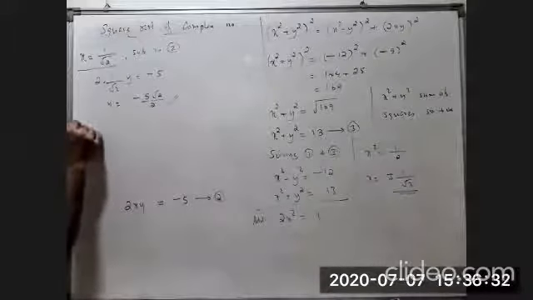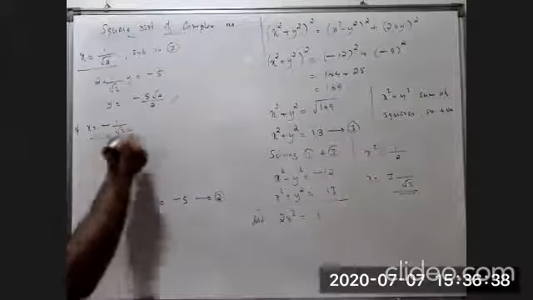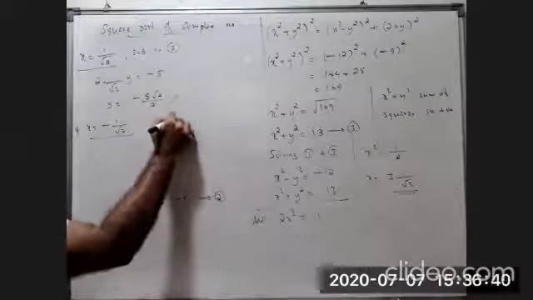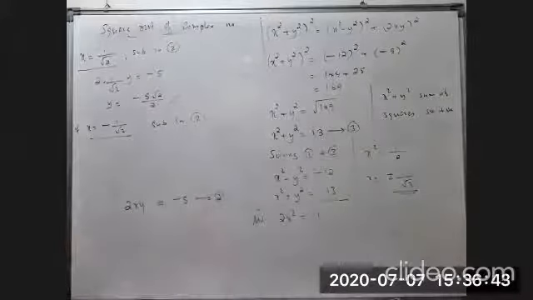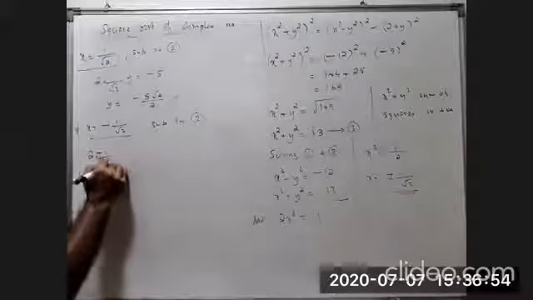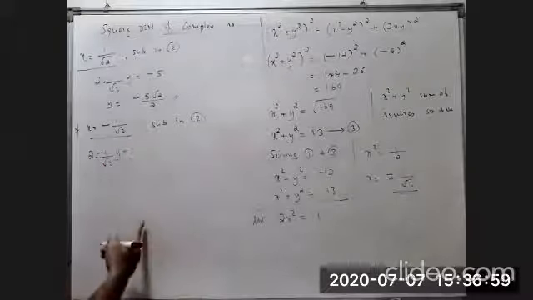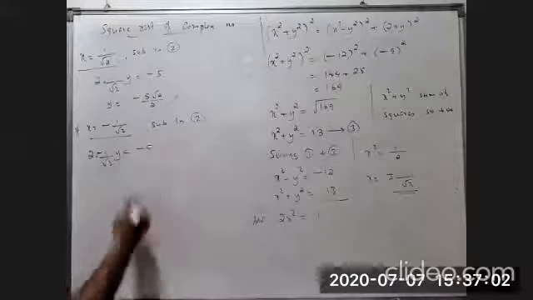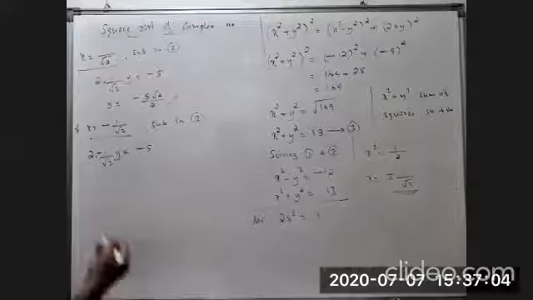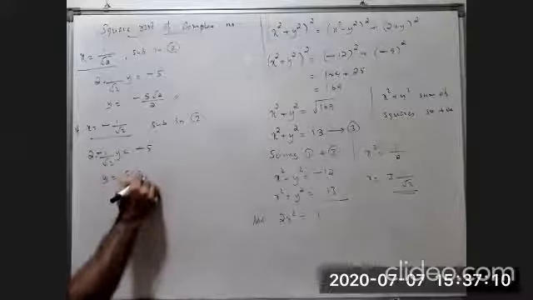Now if x is minus 1 by root 2, substituting in 2, what do we get? Minus 1 by root 2 y is equal to minus 5. Minus cancels. y is equal to 5 root 2 by 2.